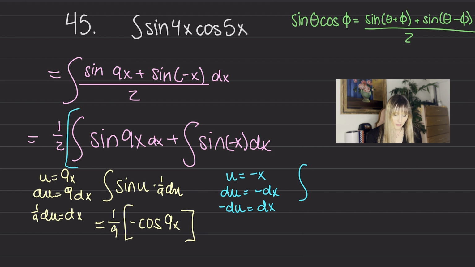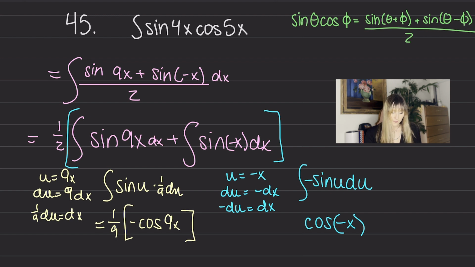this is going to be that 1/2 times that whole thing. I'm going to get sine of u. Now for this one, the minus, it's kind of not necessary to do all this, but I'm just doing it. And that's going to be a minus, so that's just going to be a cosine of minus x. And that's all.